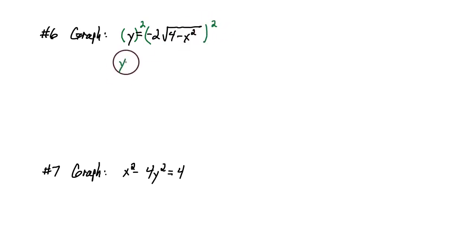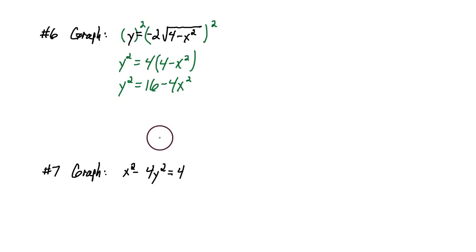On the left side, we have y squared. On the right side, negative 2 squared makes 4, and then when you square the radical, it cancels away, leaving the radicand. Now distribute the 4. 4 times 4 is 16, and 4 times negative x squared is negative 4x squared.